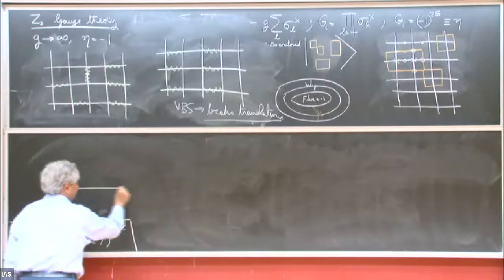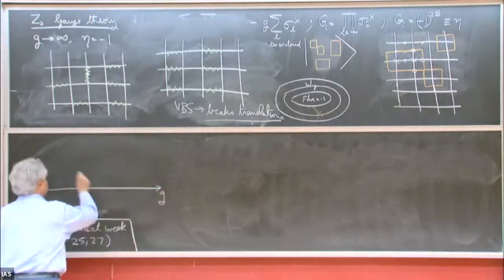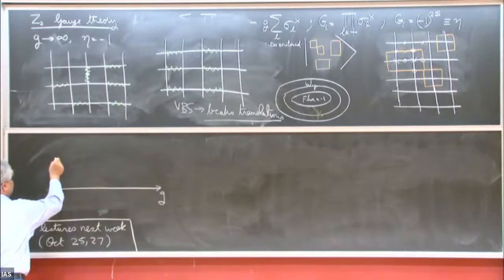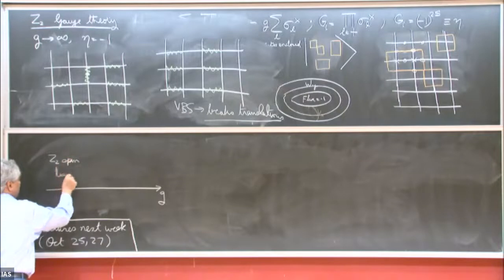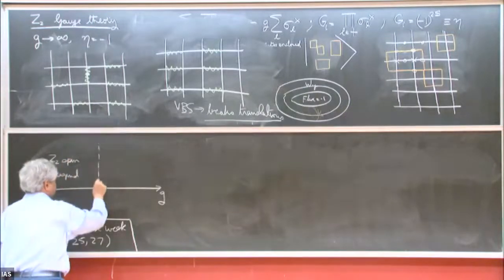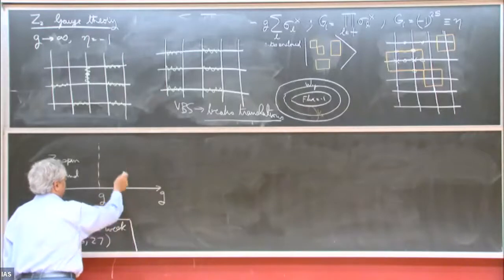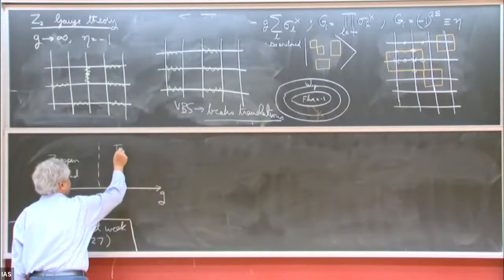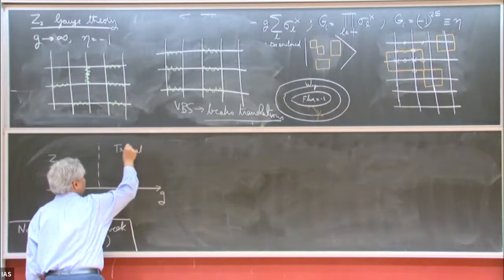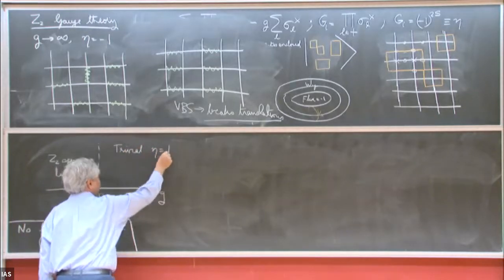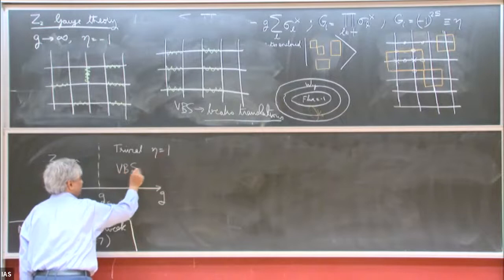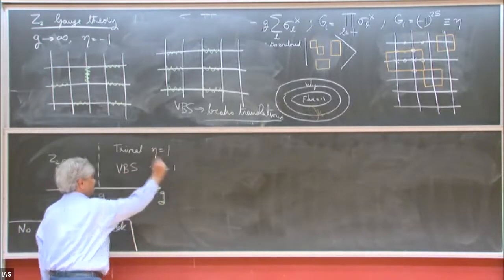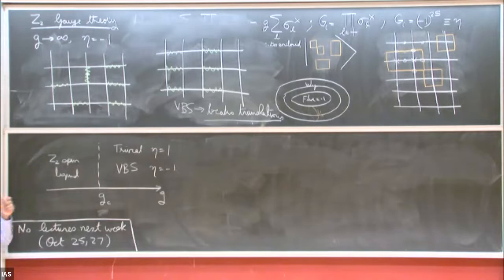So small g, we have the Z2 spin liquid, topological state. And then there's some phase transition at some g_c. And on this side, we have a trivial state for eta equals 1 and a VBS state for eta equals -1. And this is the phase transition that we want to understand.